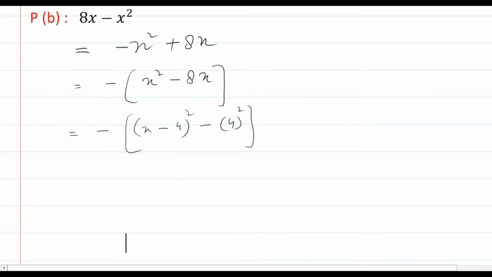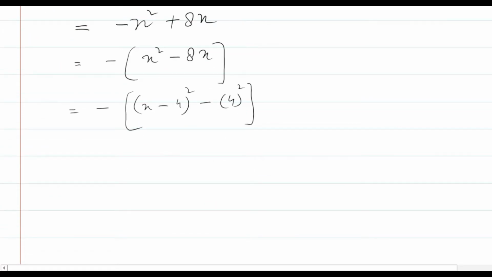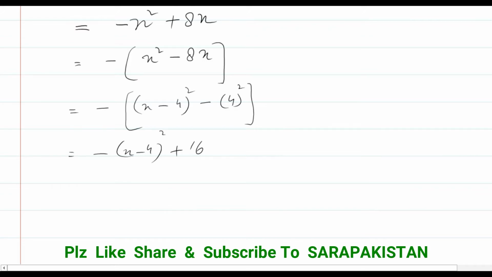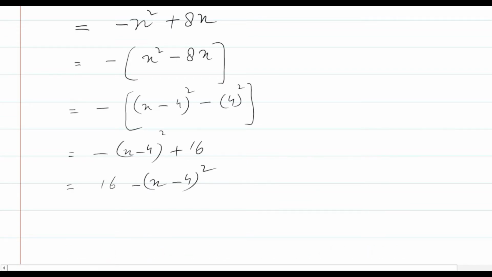On further simplification, you will get minus x minus 4 whole square plus 16, and on rearranging you can write it as this, and this is your required form.